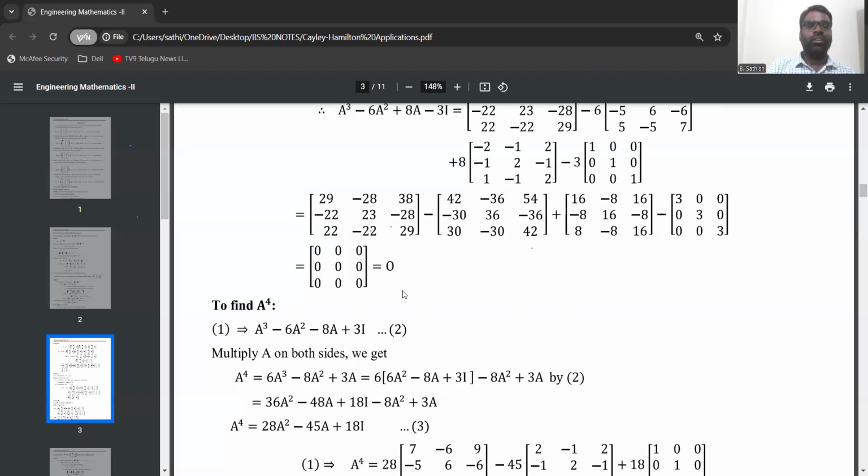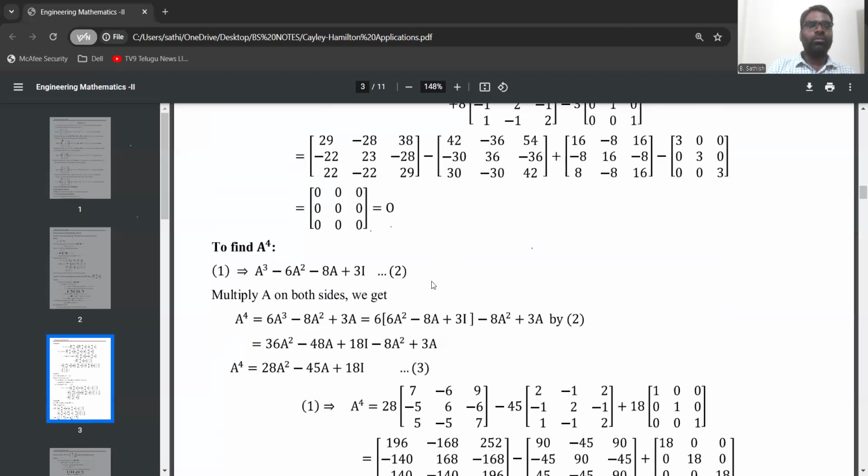So hence we can say that our given matrix satisfies its own characteristic equation. Now we also have to find the higher order power, like in the question given, we have to find A to the power 4.